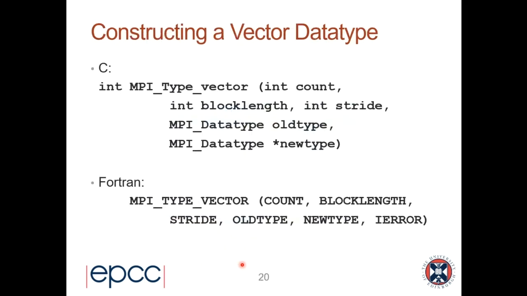So I can create it. To construct a vector type, it's MPI_Type_vector. You give it these triplets: count, block length, stride. You give it the old type, which here might be MPI_INTEGER, but could be anything. And then you get back a new data type. MPI_Type_vector: count, block length, stride, old type, new type, ierr. You get back a new type.